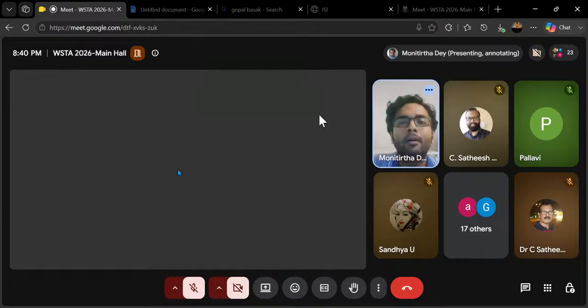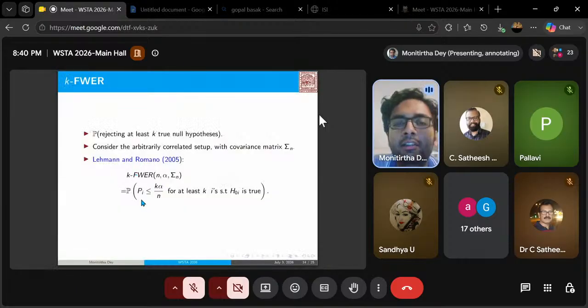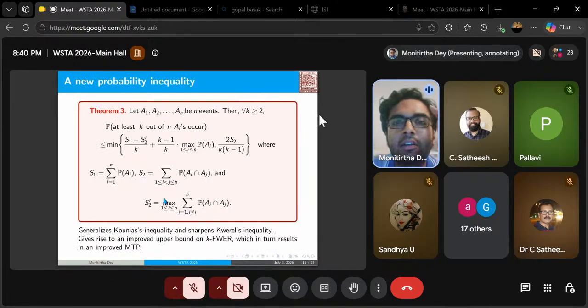Here we can see that this k-FWER is nothing but the probability that at least k out of n events occur. And here we propose a new probability inequality. If A1 to An are n events, then for all k, the probability that at least k out of n Ai's occur is less than or equal to this quantity.